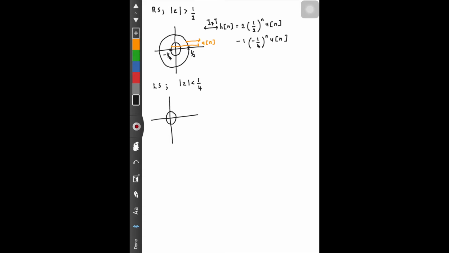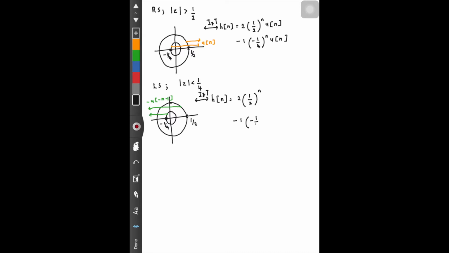For left-sided, modulus z is less than 1 over 4. Same thing, for left-sided all the poles approach the left, so the function is minus u[−n−1]. So your h[n] is coming from your partial fraction just now.